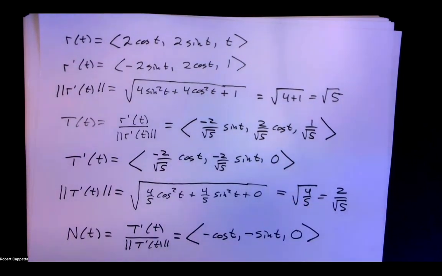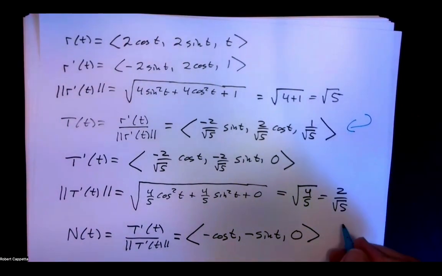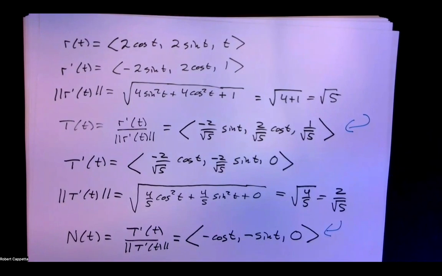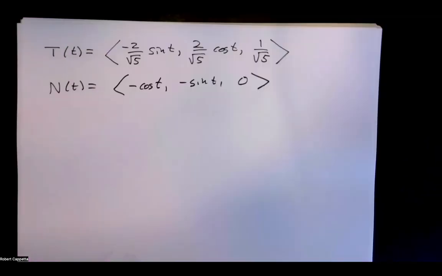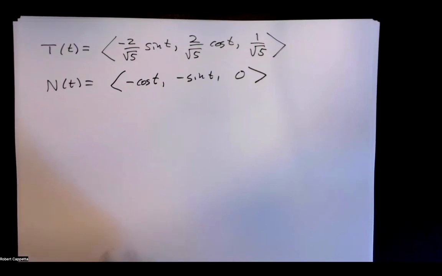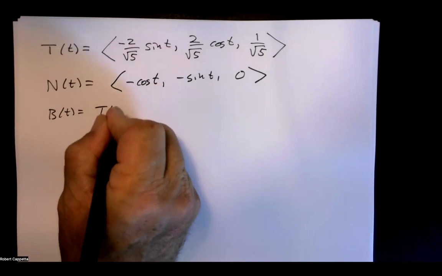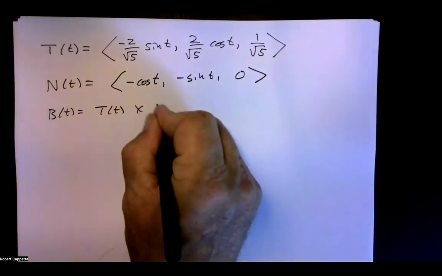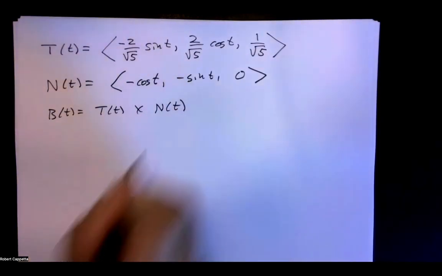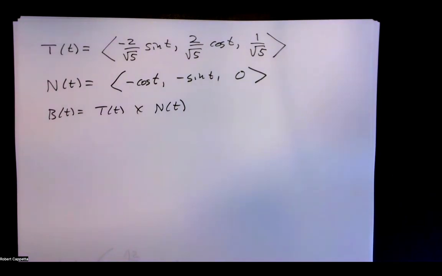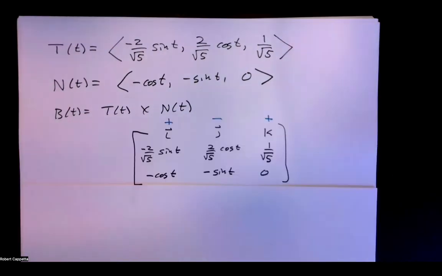So we need to focus on what? We need to focus on T of t and N of t here, because the binormal is T cross N. So here's T and N. Remember, B of t is T of t cross N of t. So let's go ahead and set up that matrix for B of t. So here we go.